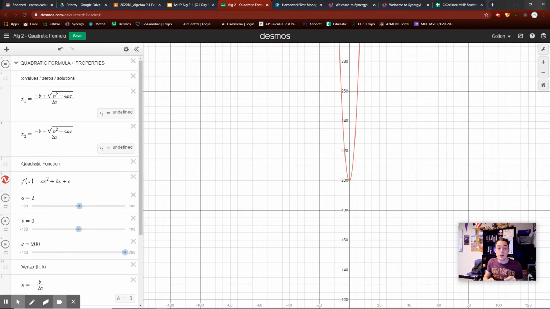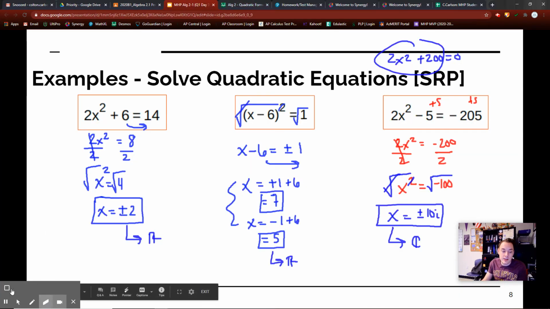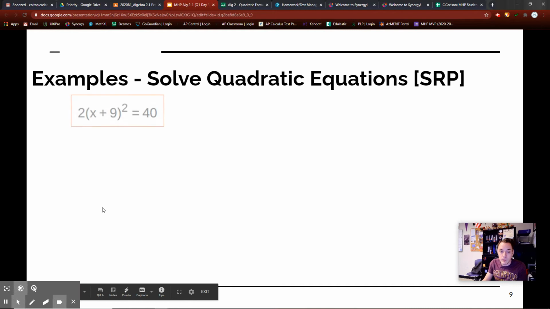So you can be sure that whenever a graph does not cross the x-axis, its roots, its values of x equals are imaginary. Okay, they are imaginary. They're not available to us. Okay, so let's move on and erase this, and let's get to the completing the square, or not.